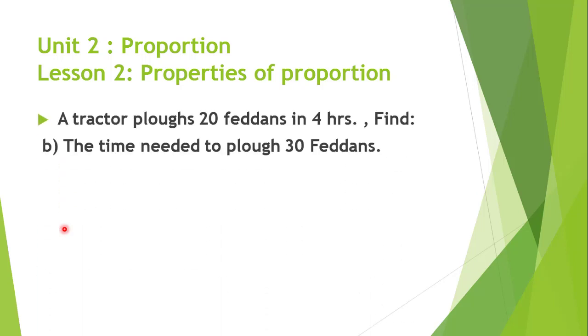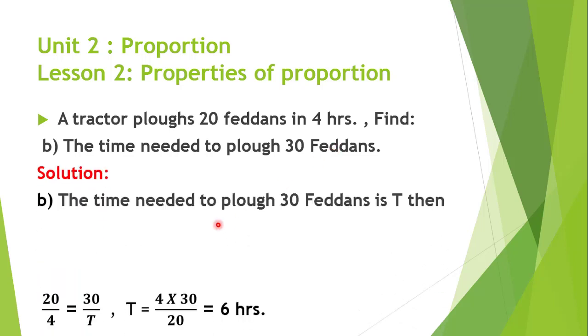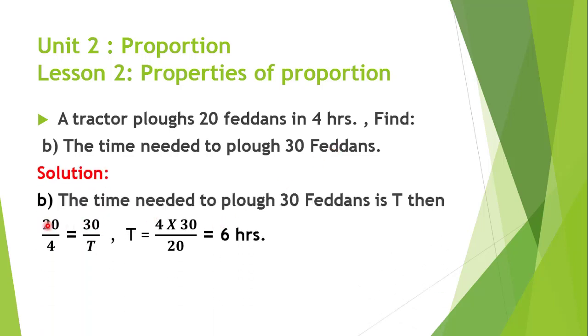What about B? We want the time needed to plow 30 fiddles. Again, we know that this tractor plows 20 fiddles in 4 hours.